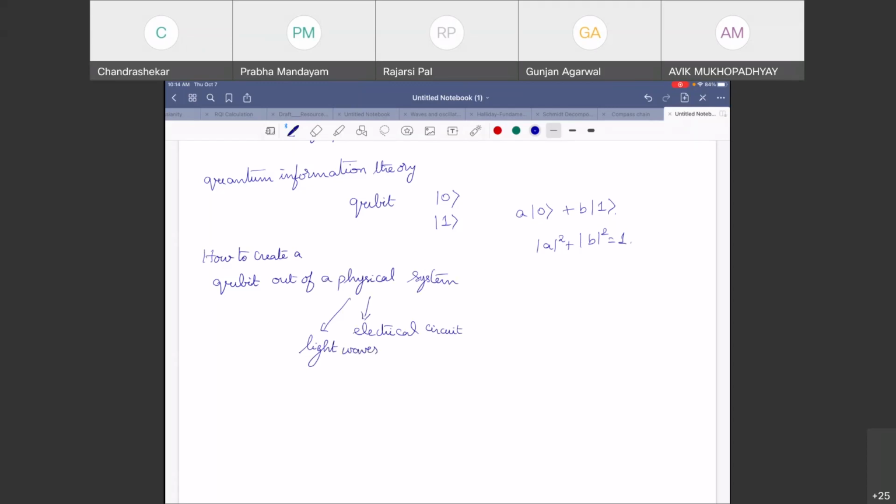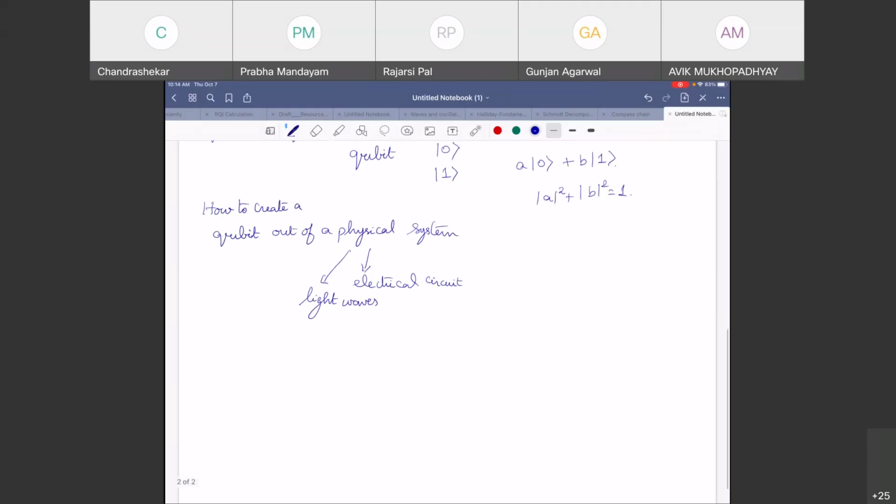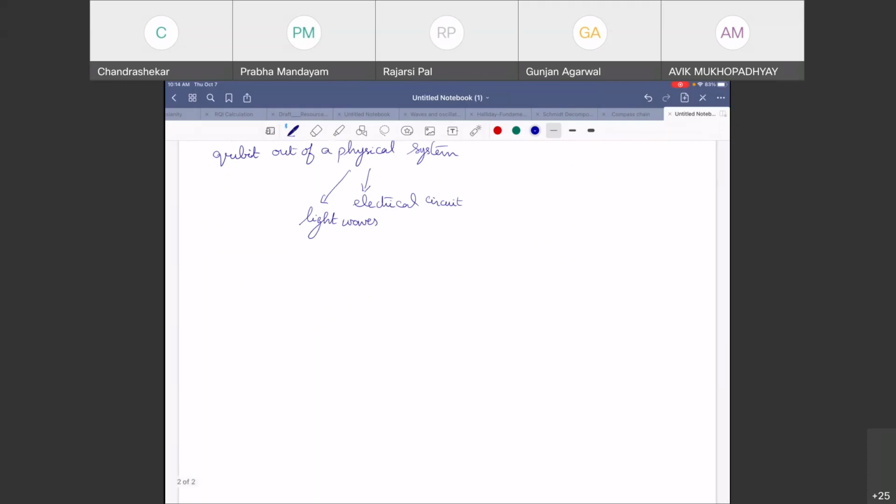Can I create a qubit using any one of these things? There are many possible ways in which you can do that. I will give some of the most popular ones which are available.